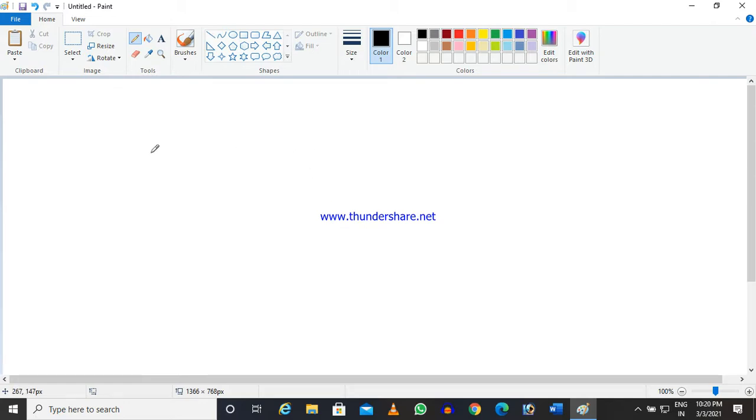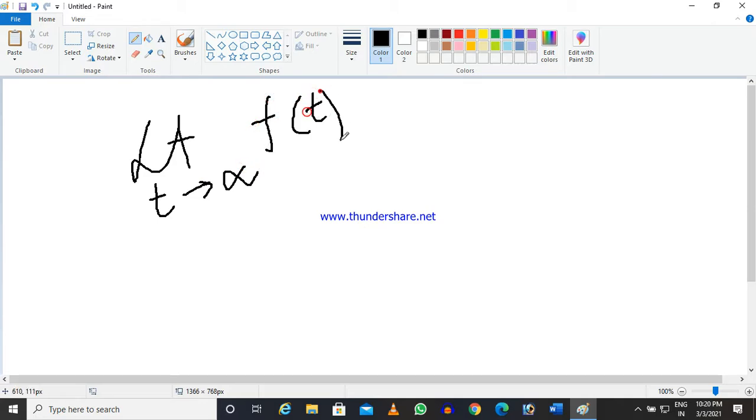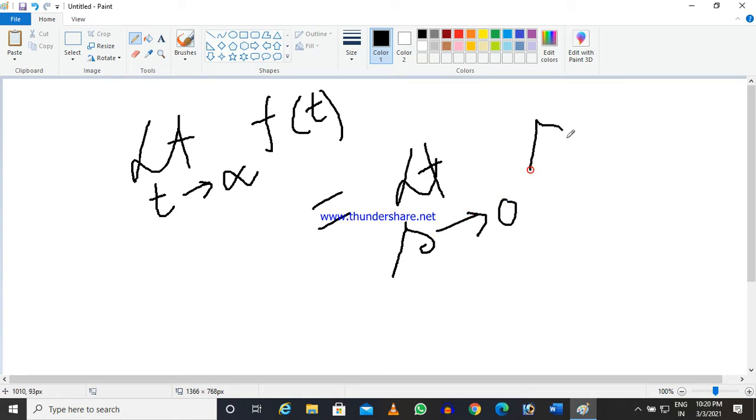So we studied the final value theorem. Limit t tends to infinity, f(t) is nothing but limit s tends to 0, s F(s).